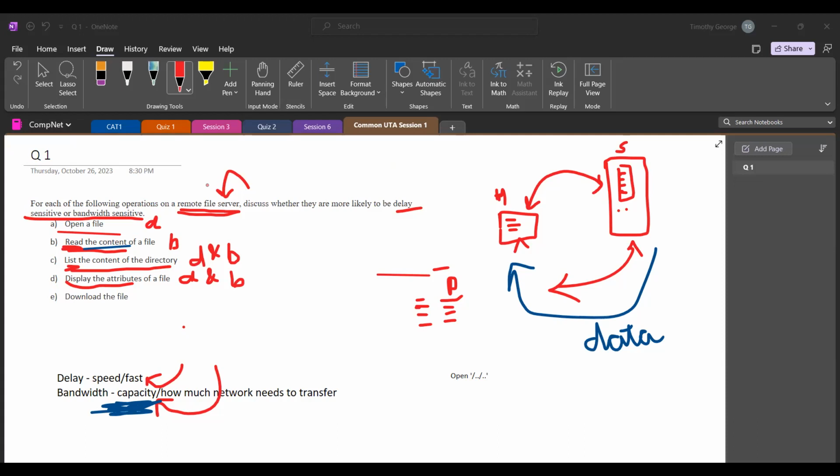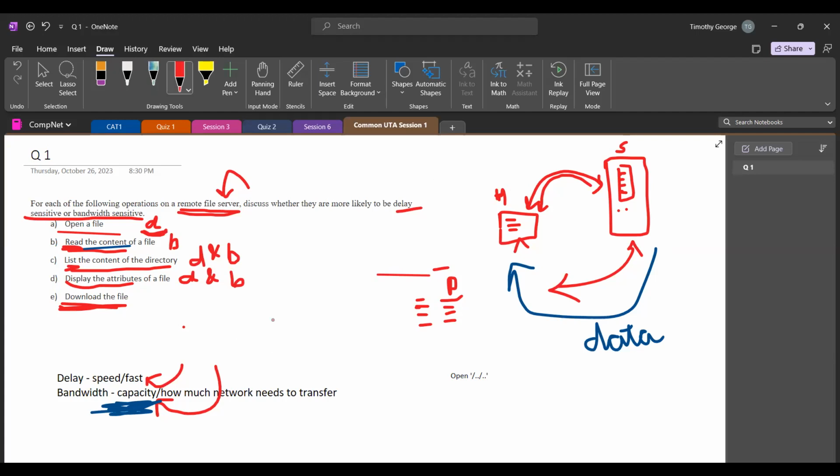Okay, downloading the file. Now this is something where you're transferring data from one server to the host. You also want it to download fast. The thing is, even if the file does not download fast, your major concern is that packets are not lost.